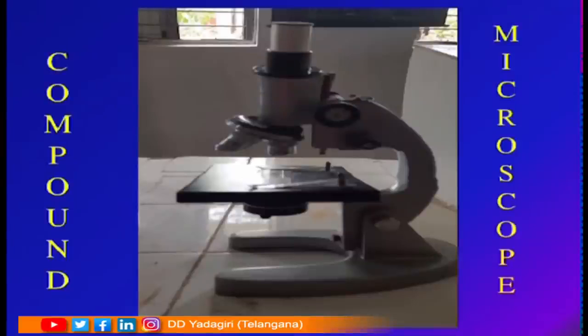Okay. Now, let us study about the compound microscope. Here, this is a compound microscope which is used in the science laboratory. It is used in testing and diagnostics also. This microscope is used in school laboratories to carry out various experiments related to microorganisms, cells, muscles, etc. This compound microscope can magnify a cell more than 400 times.